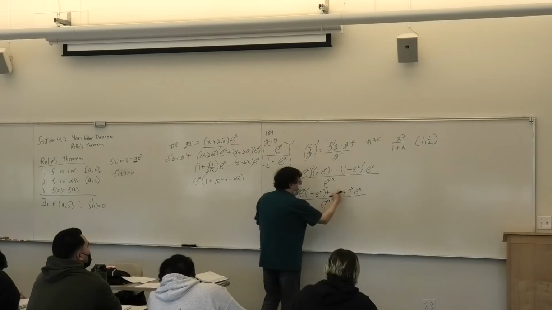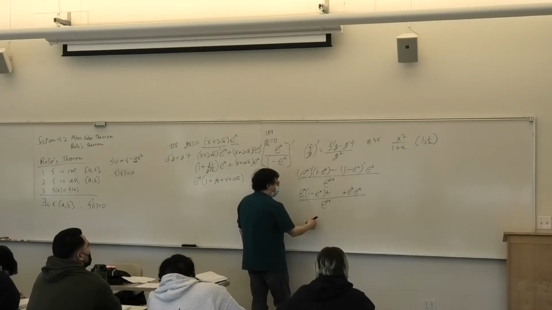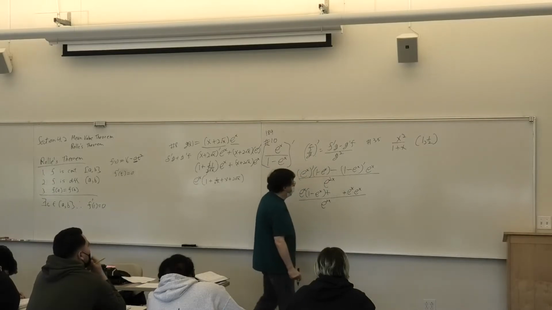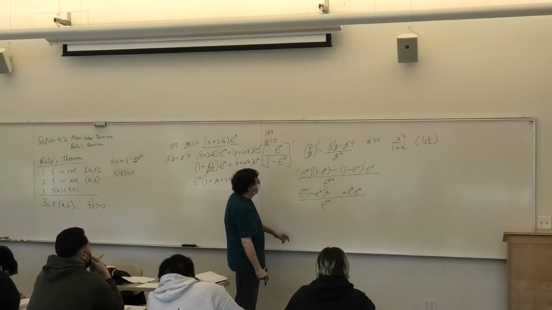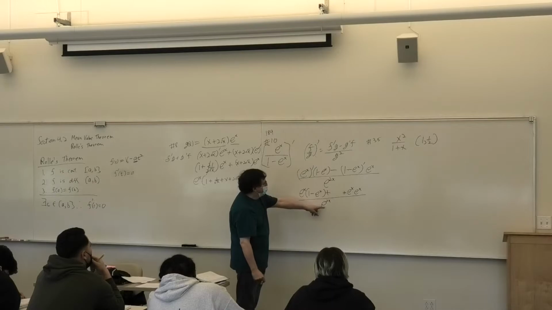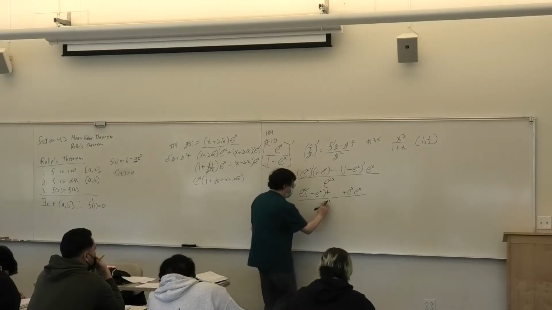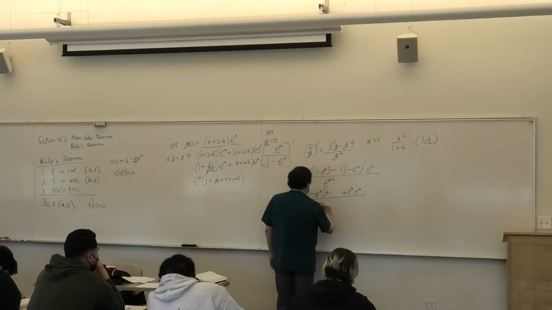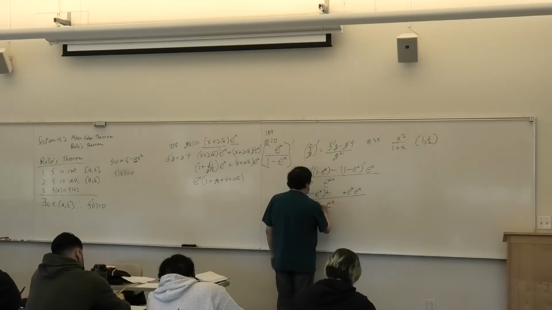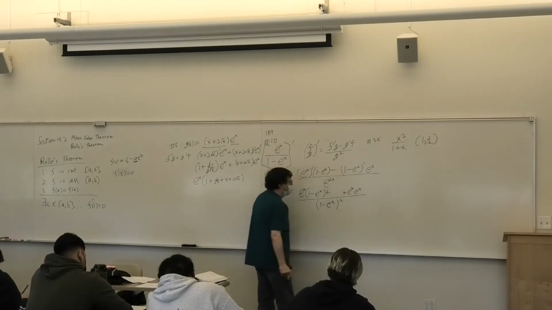We have a factor of e to the x on the top and the bottom. Wouldn't it be 1 minus e to the x squared on the bottom? Oh, thank you for catching my error. Well, that's going to save me some trouble.